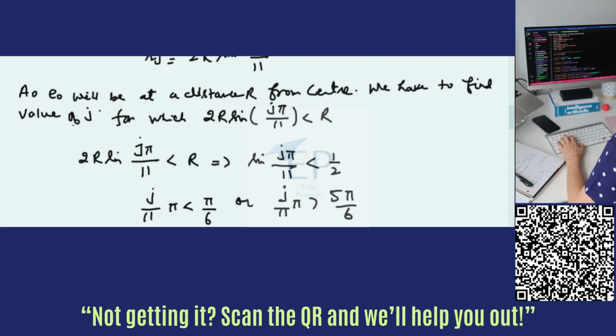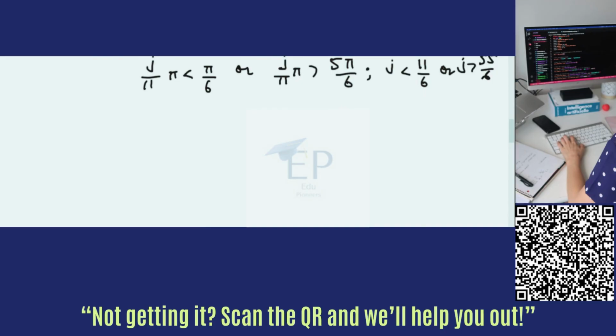Hence j will be less than 11 by 6 or greater than 55 by 6. This will be true for j is equal to 1 and j is equal to 10.